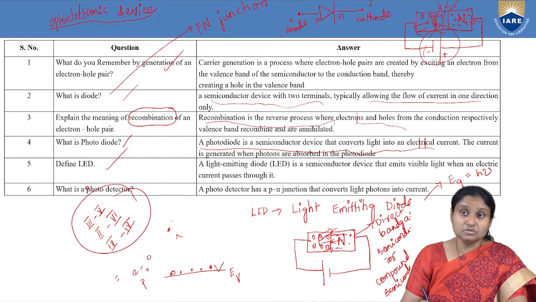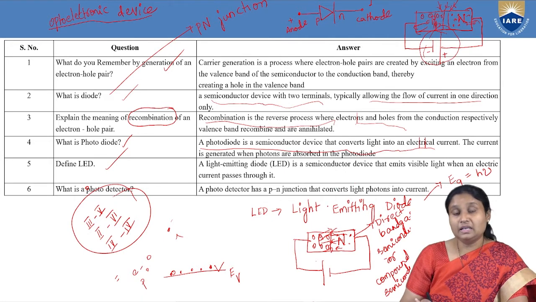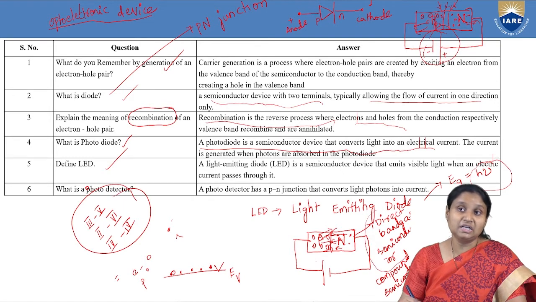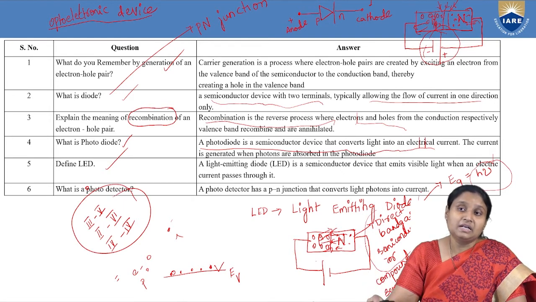Similarly, electrons also move towards the depletion layer, and here a recombination process takes place where holes and electrons recombine, so they lose their energy, and that energy comes out in the form of photons, because the forbidden energy gap is equal to h nu, as we have selected materials called direct band gap semiconductors.